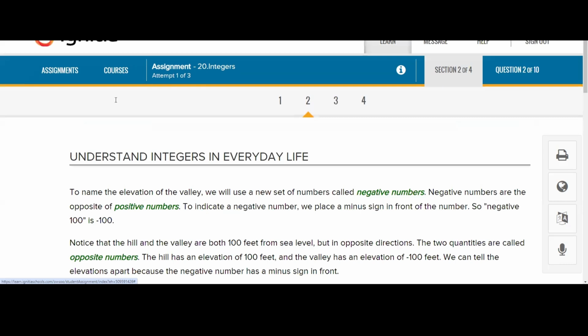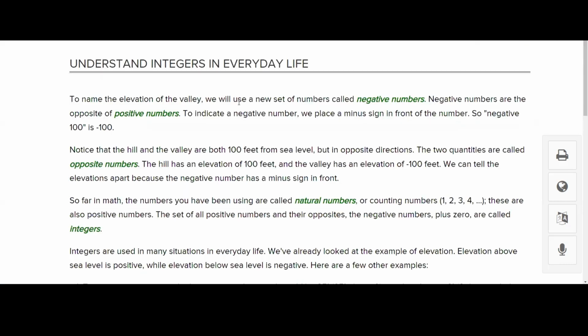To name the elevation of the valley, we will use a new set of numbers called negative numbers. Negative numbers are the opposite of positive numbers. So to indicate a negative number, we place a minus in front of the number. So the negative of 100 is minus 100.